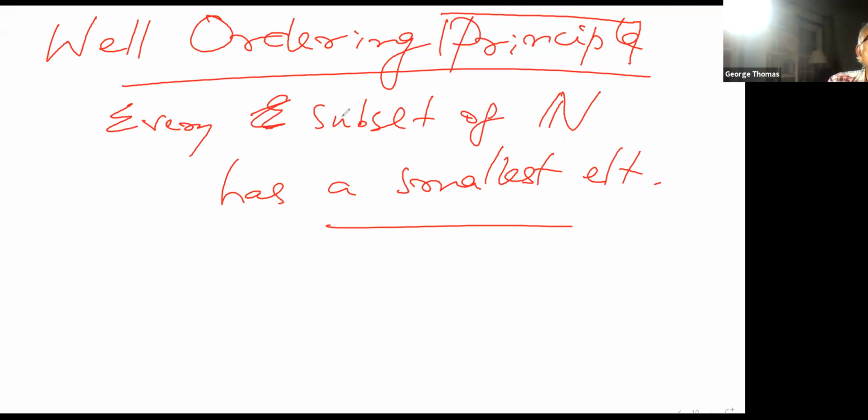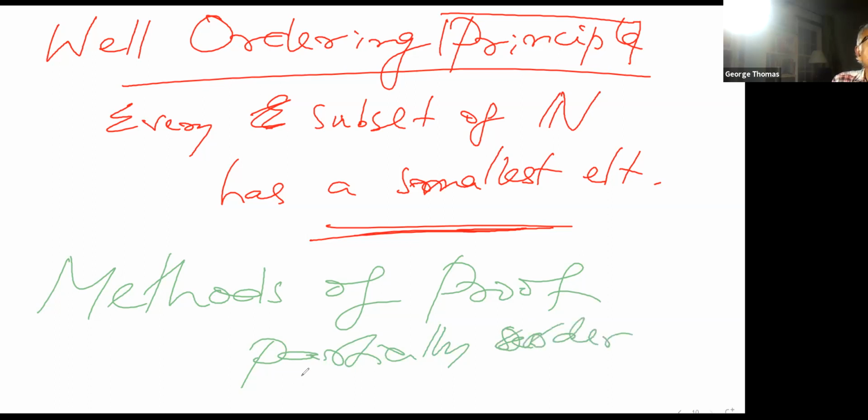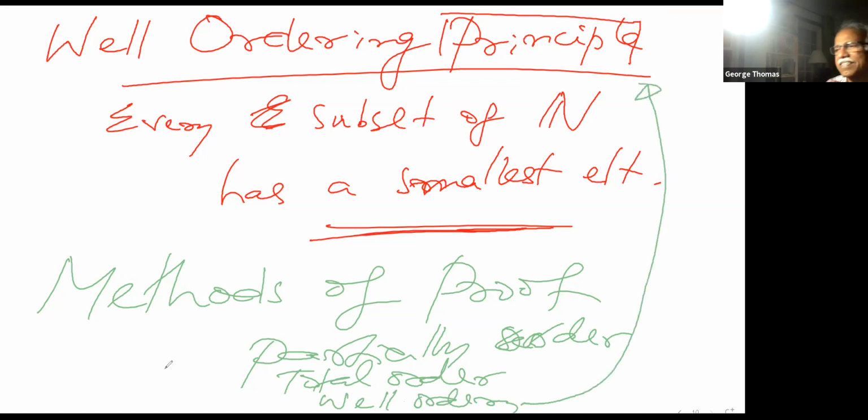We don't prove it yet anyway. We will be using that in the next class to prove. After all, this class is methods of proof. So why did we talk about this partially ordered set all this time? Partial order and all that. Because we want to know what a total order is. Then only we will know what a well ordering is. And this has to do with that.